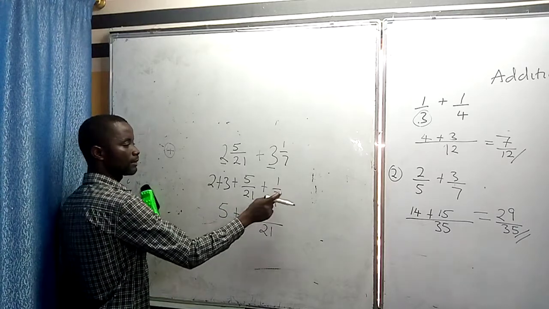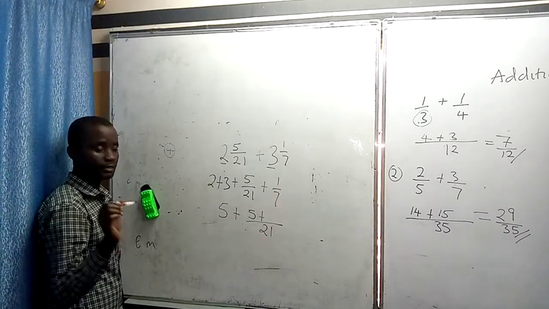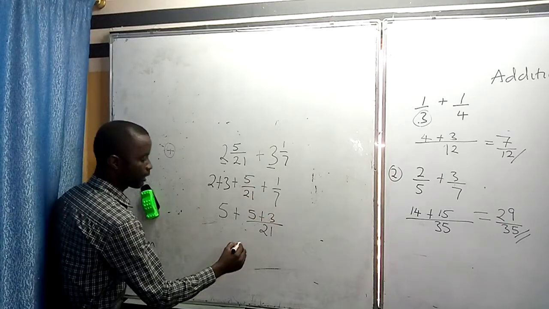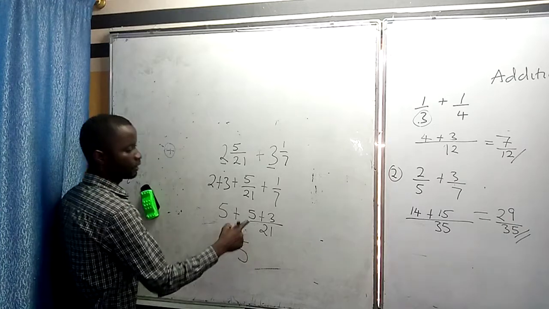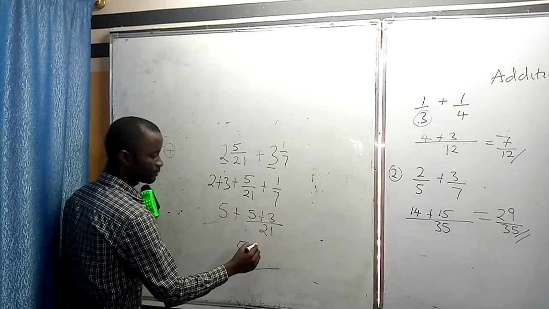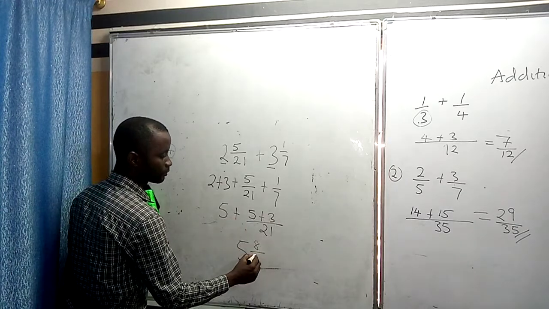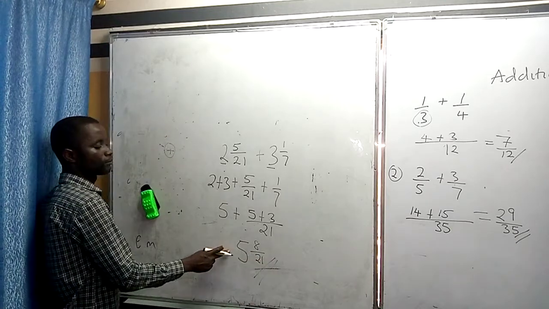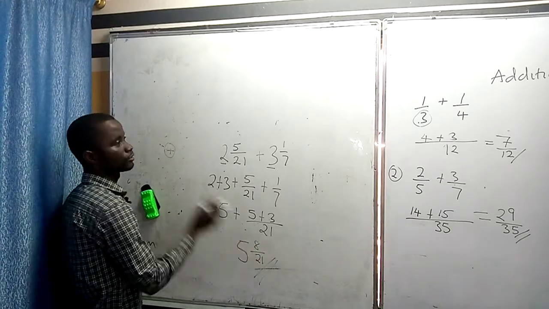Plus, how many times 7 goes in 21 is 3. 3 times 1 is 3. Therefore, you have 5 plus 3 is 8 over 21. That is 5 whole number, 8 over 21.